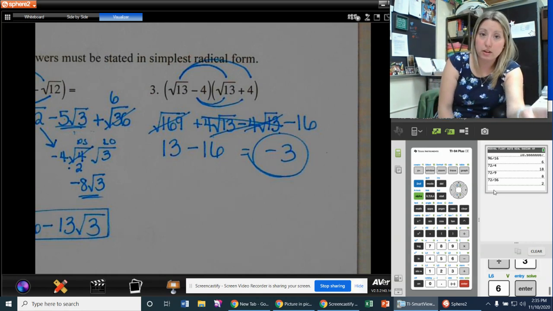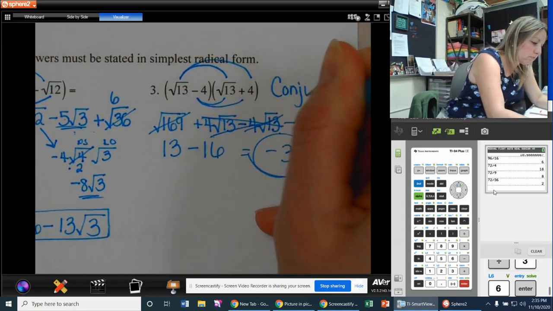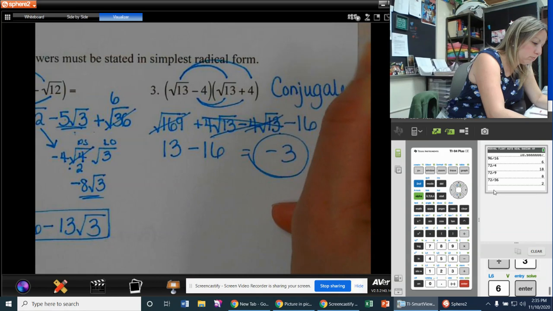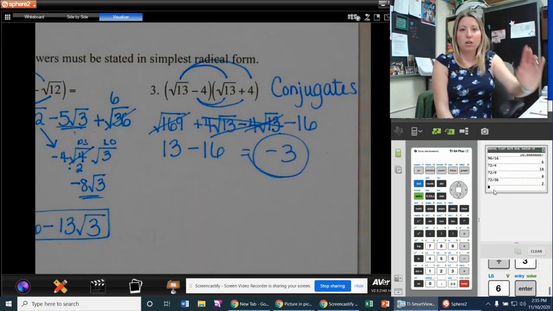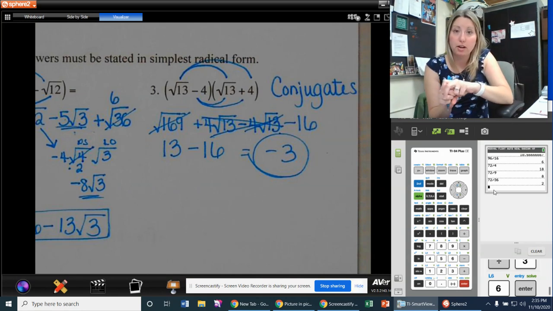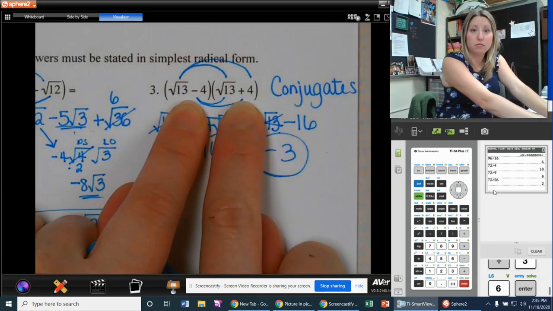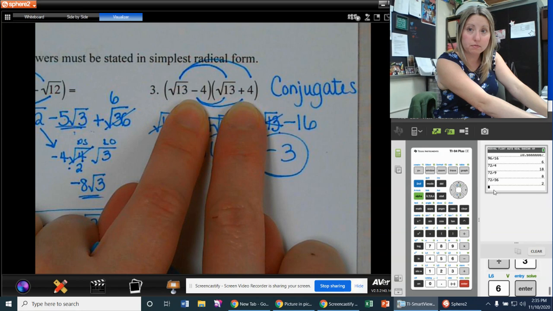This is a special thing called conjugates. When you've got the same radical and the same number in two binomials that are multiplying together, but the signs between these are opposite, this is called conjugates.